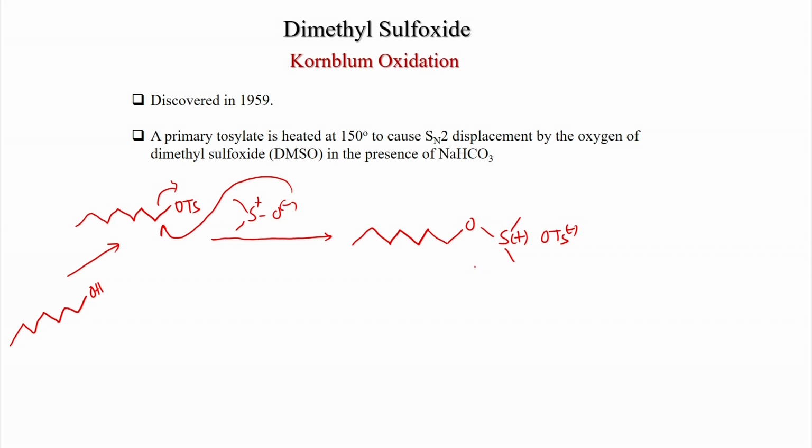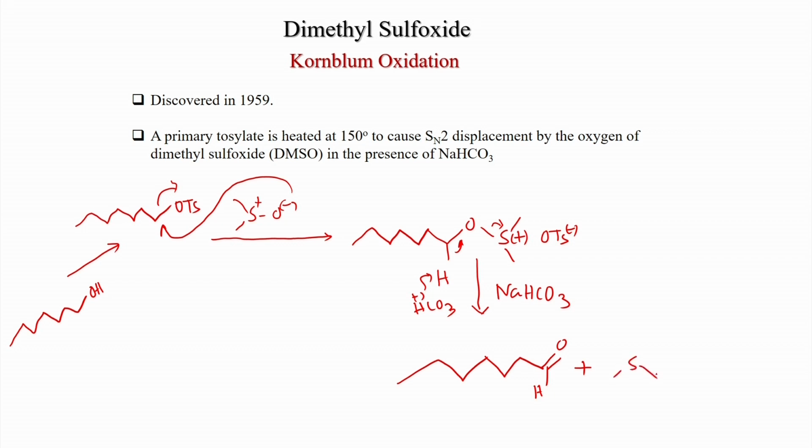Now, if you put sodium bicarbonate in the sulfinate salt, then this acidic hydrogen gets deprotonated by the bicarbonate anion, and you get the aldehyde, n-heptanal, plus dimethyl sulfide.